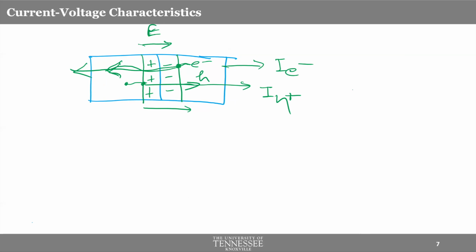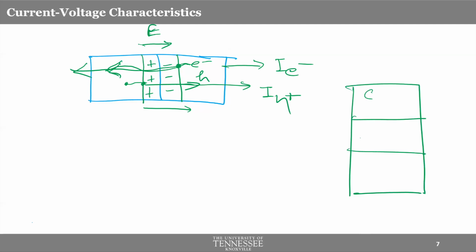Right now, for the NPN BJT, collector, base, emitter: the collector was n type, this was p type, and this was n type. Now electrons from the emitter go all the way to the base, and when they reach the base, they will gradually diffuse towards the base collector junction because this is forward biased, right?